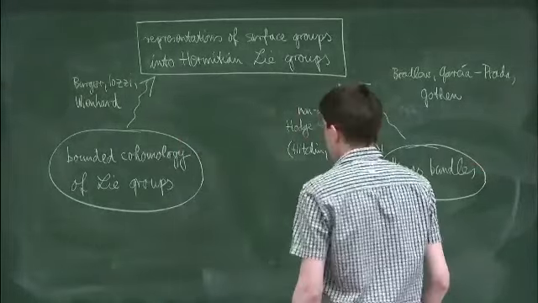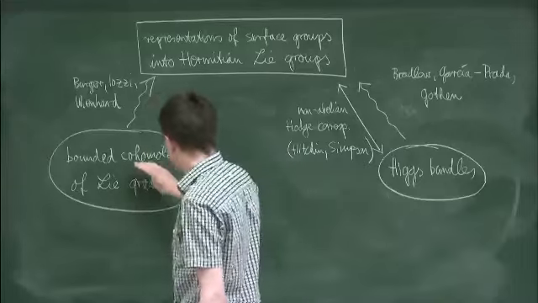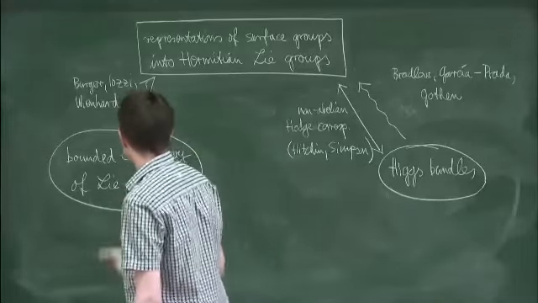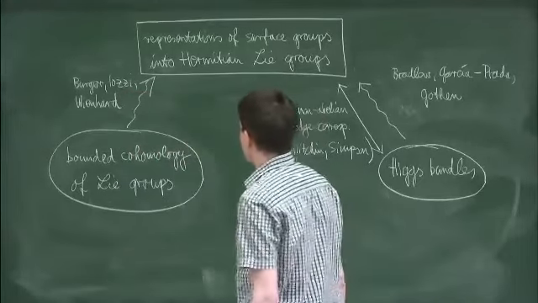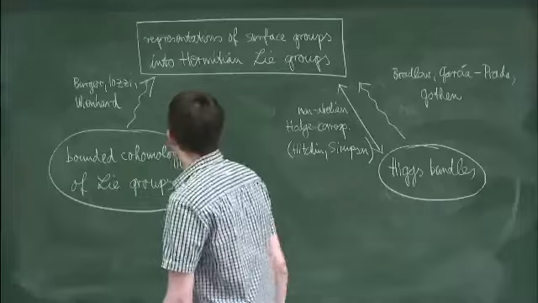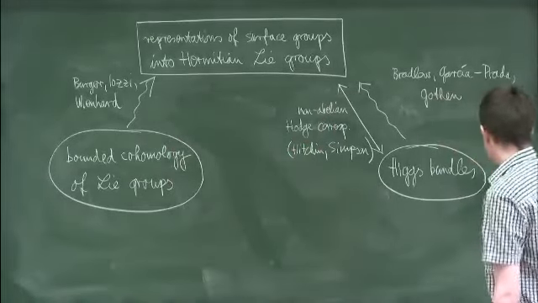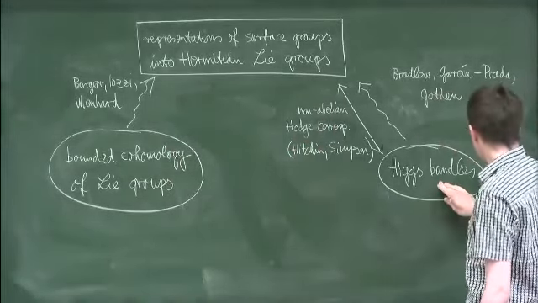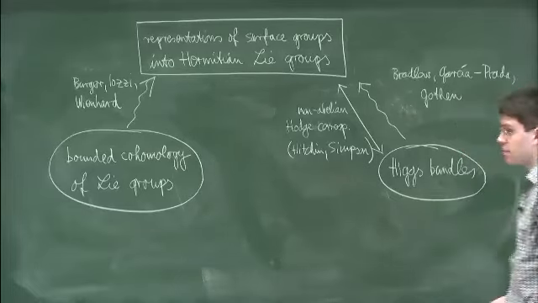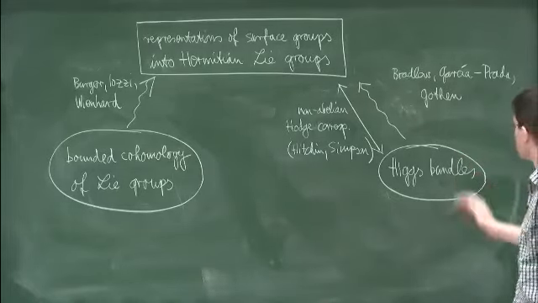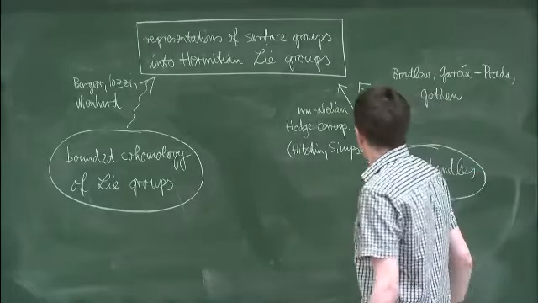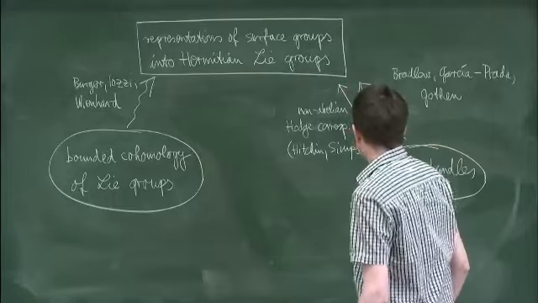The first one is techniques from bounded cohomology of Lie groups, and these have been applied by Burger, Iozzi, Wienhardt and others to study these representations. And on the other side, Higgs bundle techniques, which have been applied by Bradlow, Garcia-Prada, Gothen and others via the non-abelian Hodge correspondence.